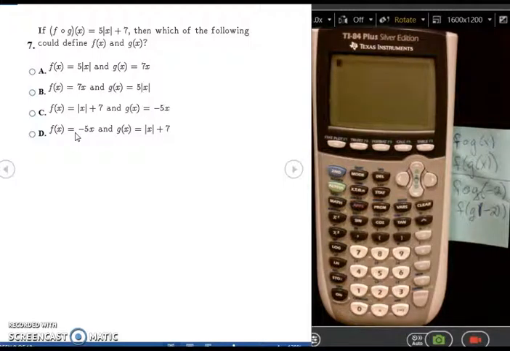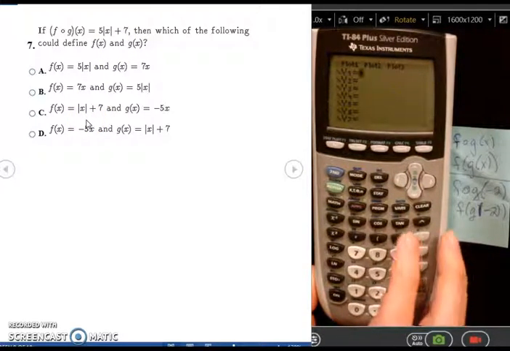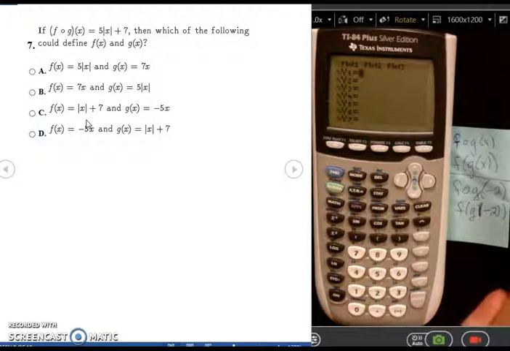This last problem, you have to work it a little bit backwards than the problems that we have been doing in this section, because they give you the answer and they want to know which two of these would make the composition of 5 absolute value x plus 7. So I'm going to go into my y equals, and once again, I'm going to have to compare the composition of an answer choice to the actual answer that I'm given up here.